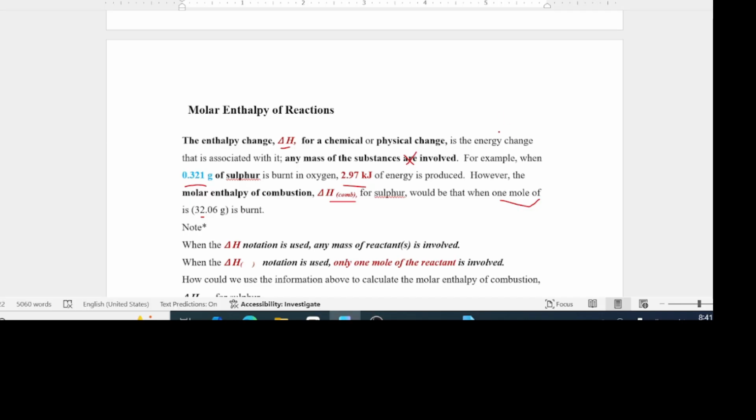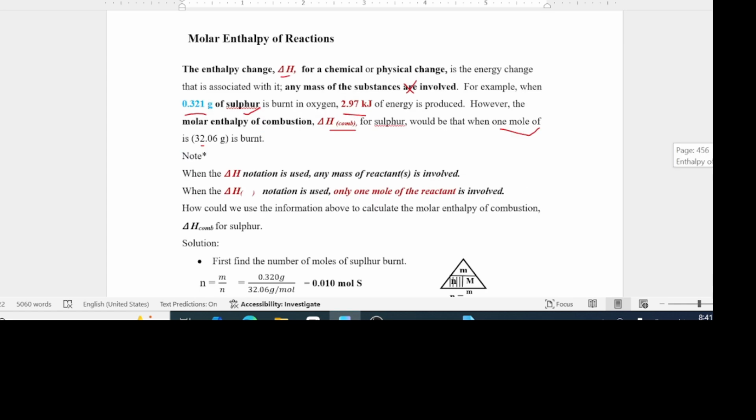But the enthalpy change for 1 mole of a substance is what is produced when 1 mole of a substance undergoes a change. And we'll use this example here to calculate the molar enthalpy of combustion for sulfur, so that we can distinguish between delta H and delta H of reaction.